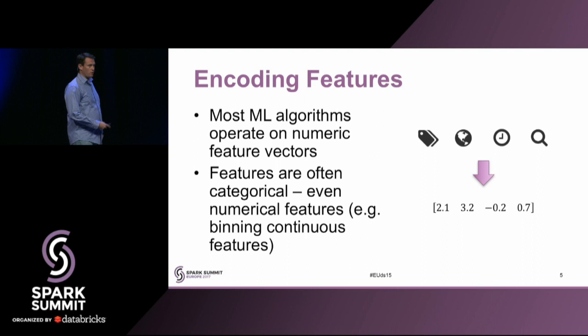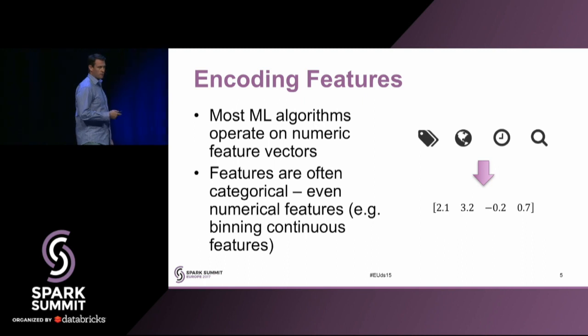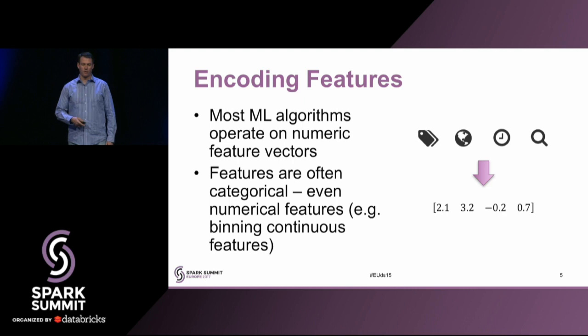So most, if not all, machine learning models work on numeric vectors. But most, if not all, features are not actually numeric. So some of them are, but a lot of the interesting features that we want to work with are categorical. They don't come in a neatly packaged numerical vector format.